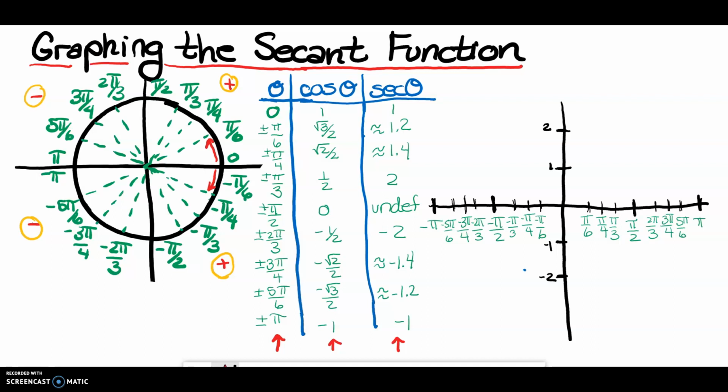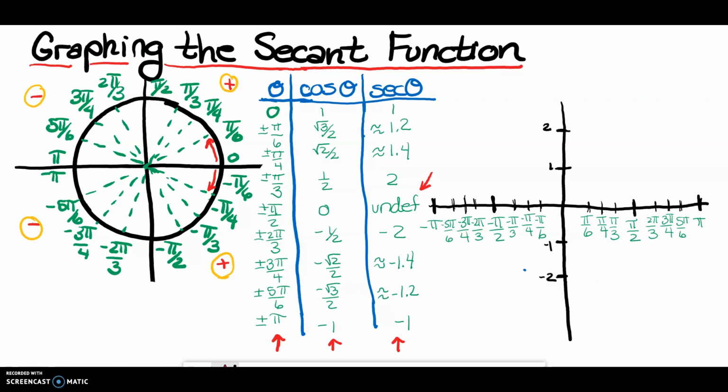But before we graph that, I do want to point out that secant is undefined whenever cosine is 0. If you plug in an angle and you get 0 for cosine, secant is undefined. And if we take a look at the angles where cosine is 0, it is pi over 2 or 3 pi over 2, or we can say negative pi over 2 going in a negative direction.